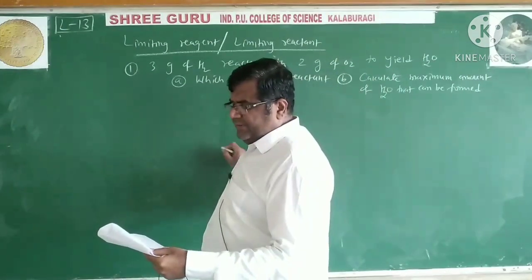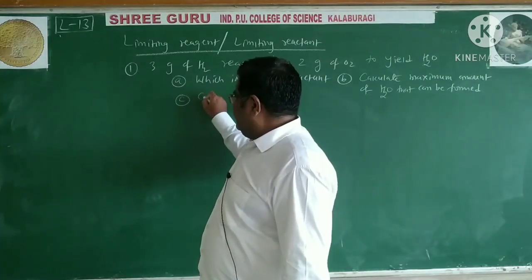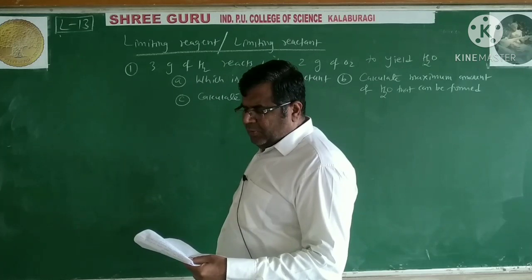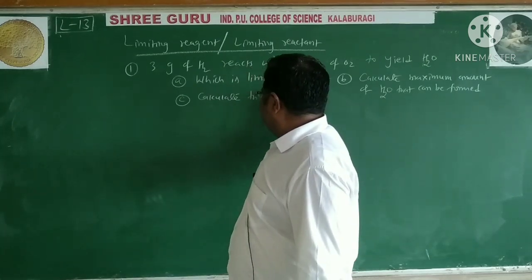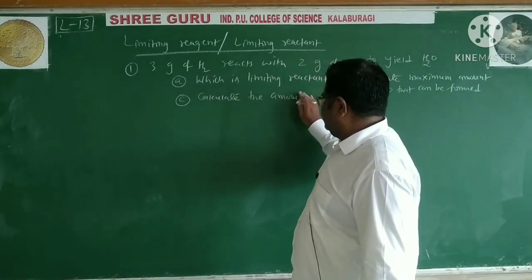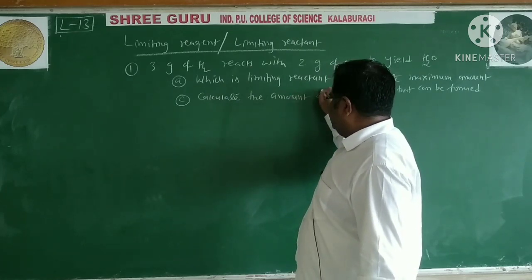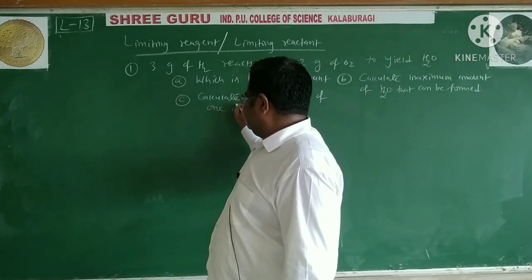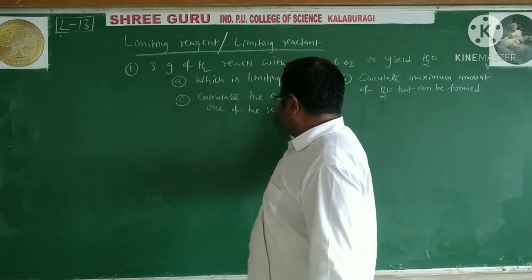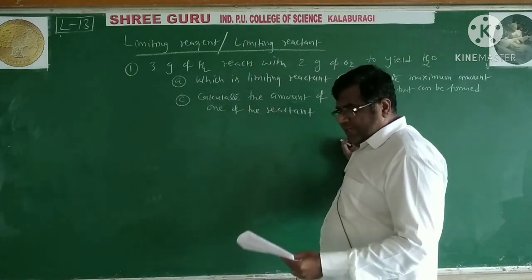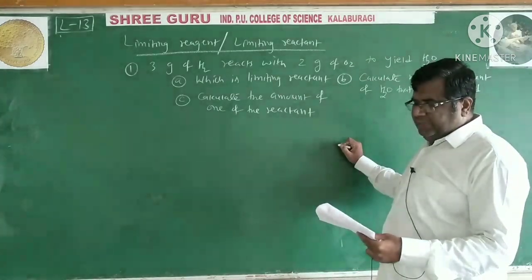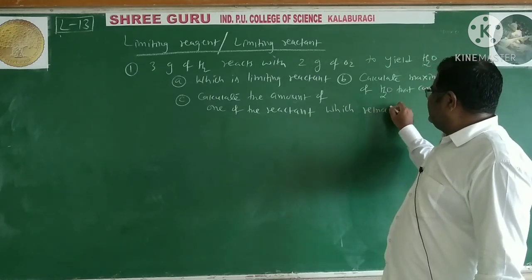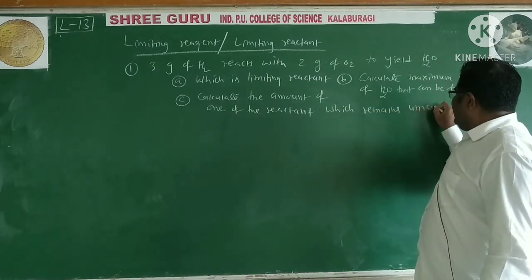And C, calculate the amount of one of the reactants which remains unreacted.